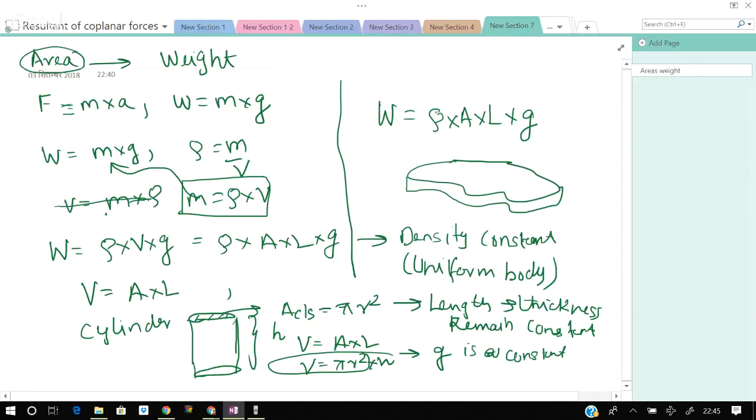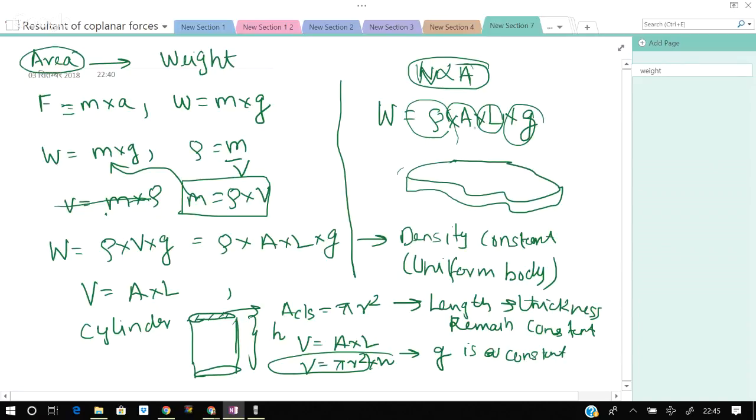That is, first quantity is density, then we have length as well as acceleration due to gravity. So we can write weight is directly proportional to area. So we can eliminate the use of weight. We can directly write it as directly proportional to area.